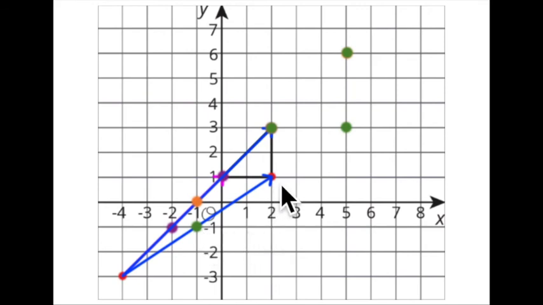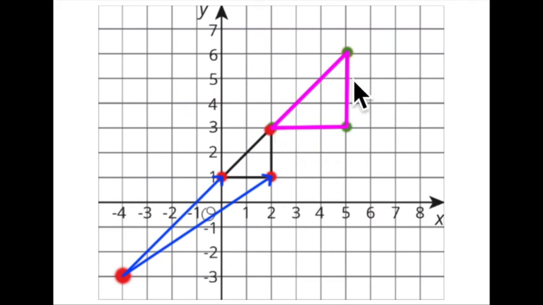That's 2 halves. 3 units over, 2 units up. That's 3 halves. So now we have this triangle that's scaled up by a scale factor of 3 halves of each of the lengths of this triangle. Now that's kind of tough. I can't draw all the arrows because it just gets too busy, too messed up.